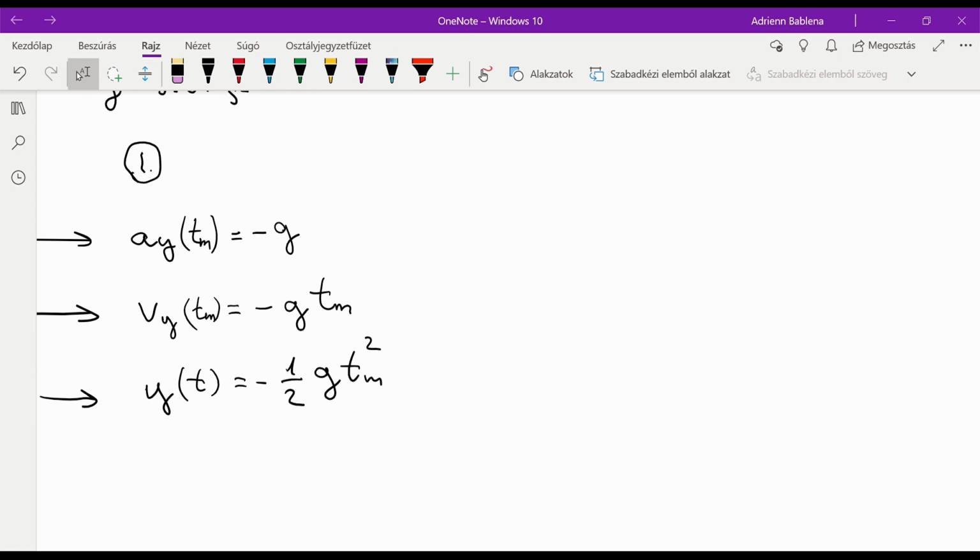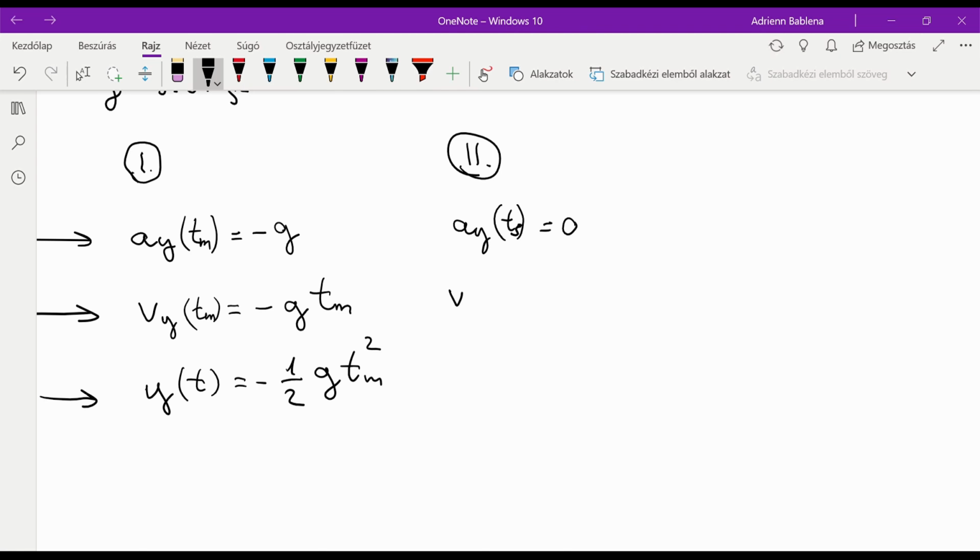Second part, sound. What is the situation with sound? Gravity has no effect with sound, so our acceleration is 0. And let's write Ts, like the time for the movement of the sound.